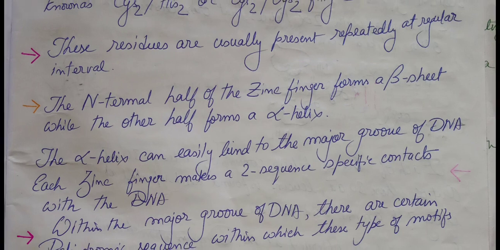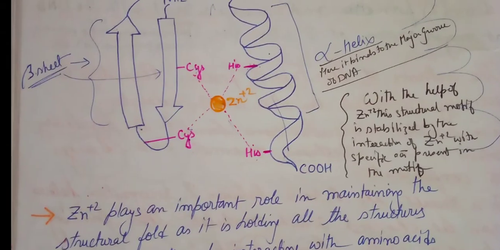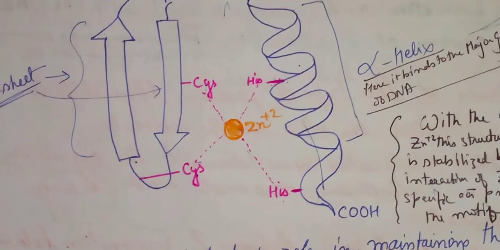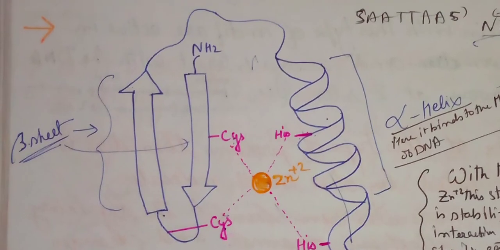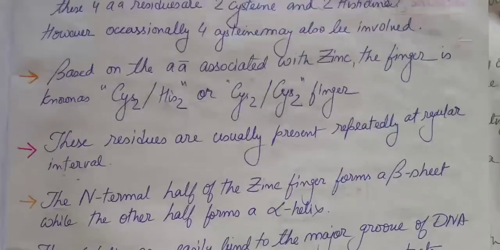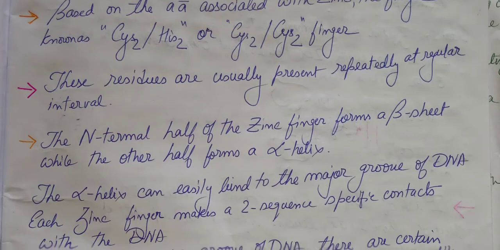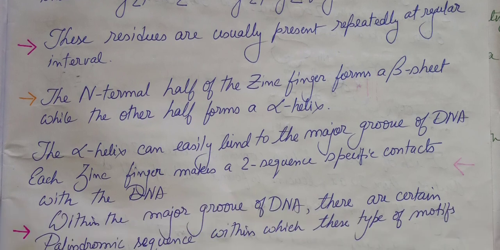The N-terminal begins from here, and from the beginning of the N-terminal the beta sheet pattern is involved.